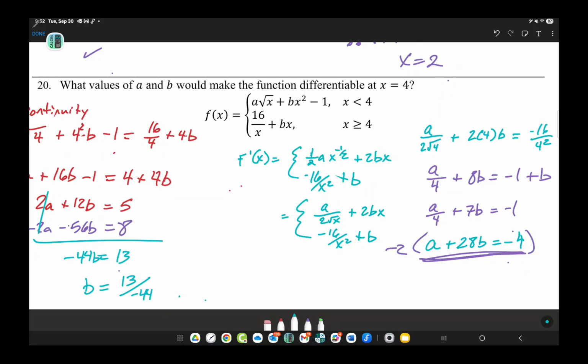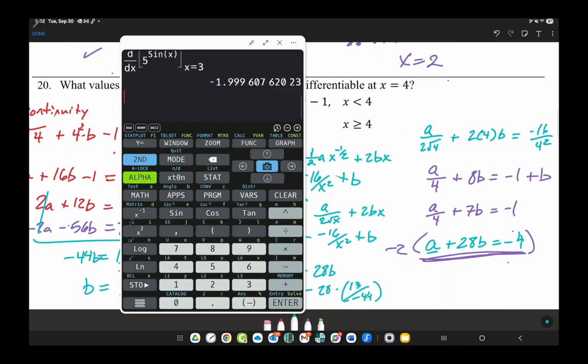All right, now this A. Yeah, that's what you get. So plug it in. Since we have A over here by itself, A is equal to negative 4 minus 28B. So that is negative 4 minus 28 times 13 over negative 44. And here's just a lovely thing about calculators.